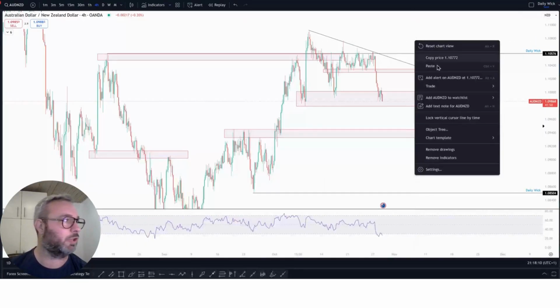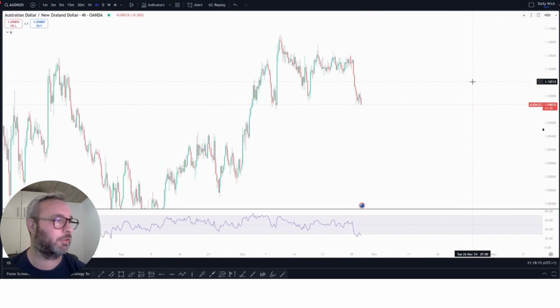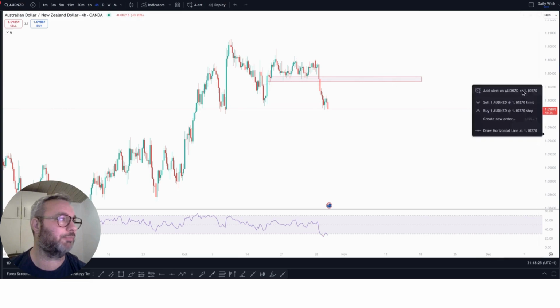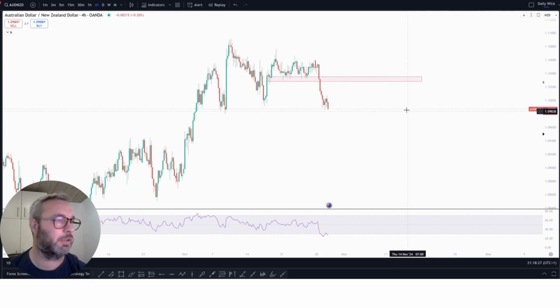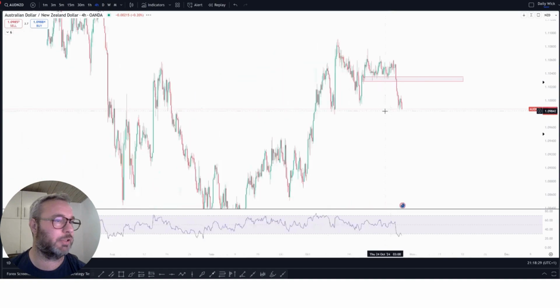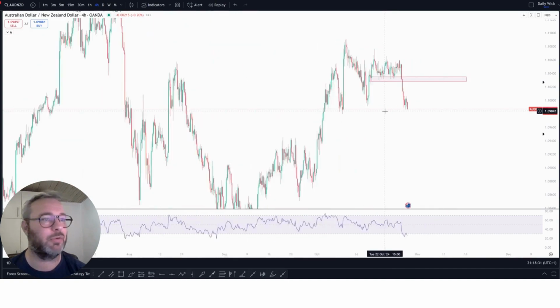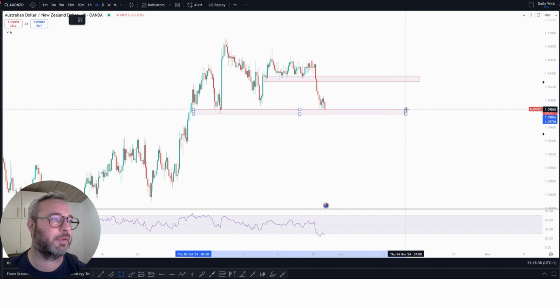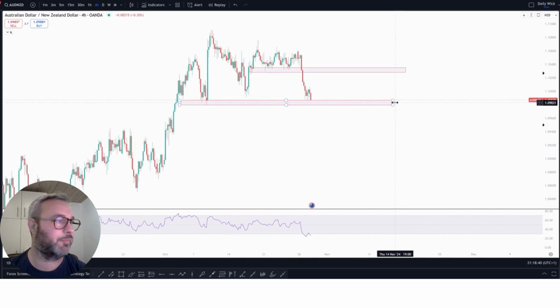And now we go to AUD NZD and we start with removing everything. And what do we have here? So first level is this resistance up here. Give it an alert. And price is at a very good support level here.